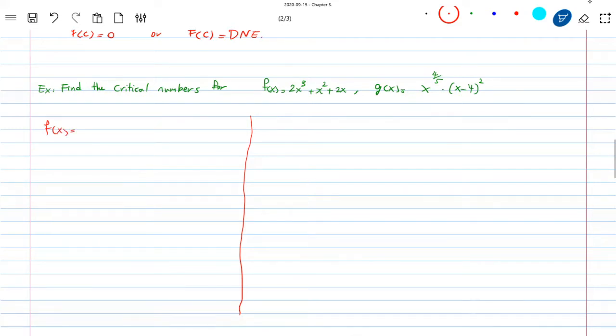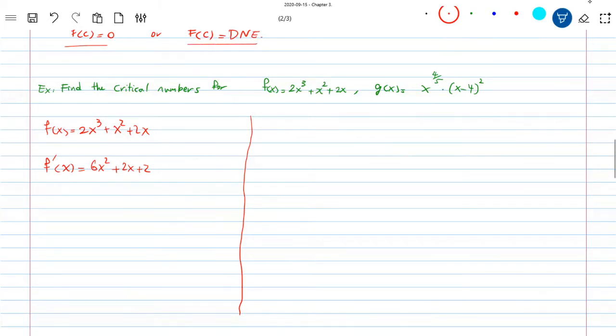The f of x is given as 2x cubed plus x squared plus 2x, and they ask you to find out where the critical numbers are. Okay, so we need to find the derivative. The derivative is 6x squared plus 2x plus 2. And we're looking to find out where the derivative is 0 or where the derivative does not exist.